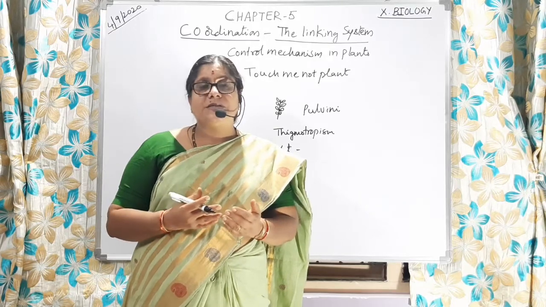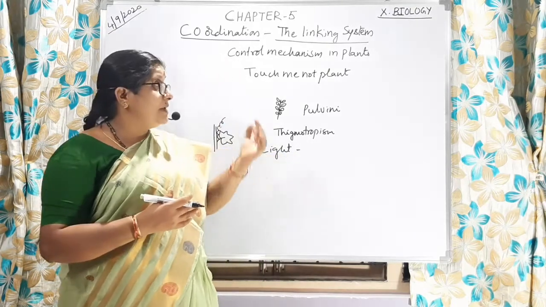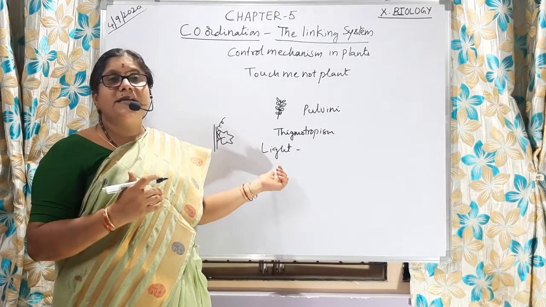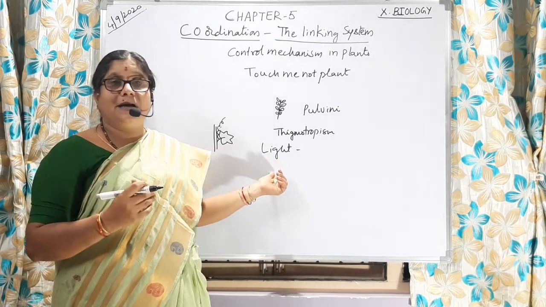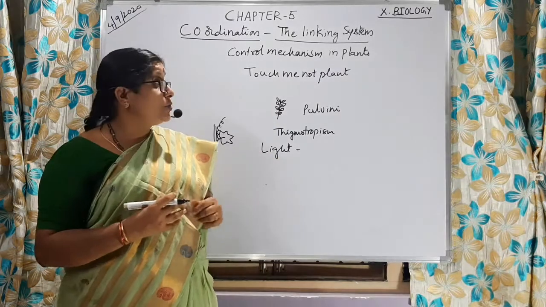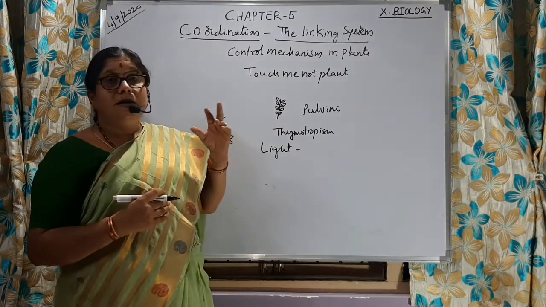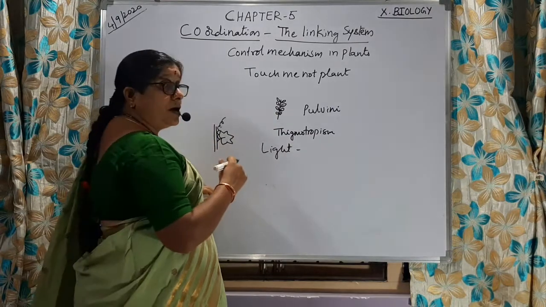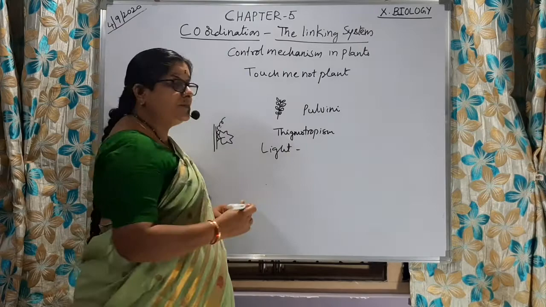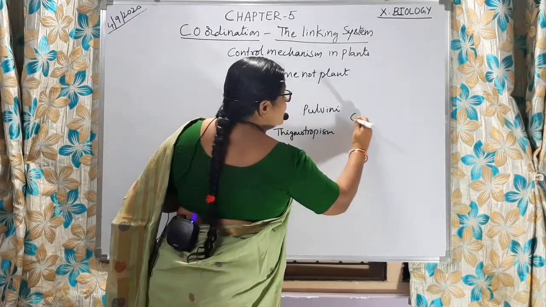Are we going to observe such mechanisms in plants? The nervous system and endocrine system are absent in plants, but we can see some mechanism which helps in showing response to stimuli. So what do we call that? The plants get the response because of some chemicals.